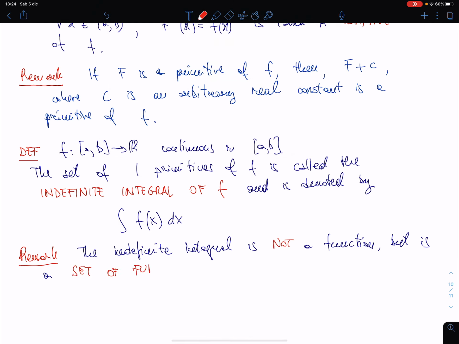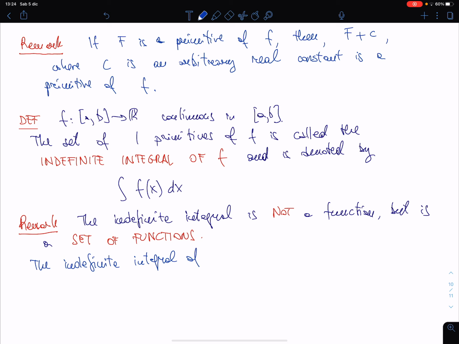Second, as I said, the indefinite integral is infinite in the sense that the indefinite integral of a continuous function contains infinitely many functions. Why?